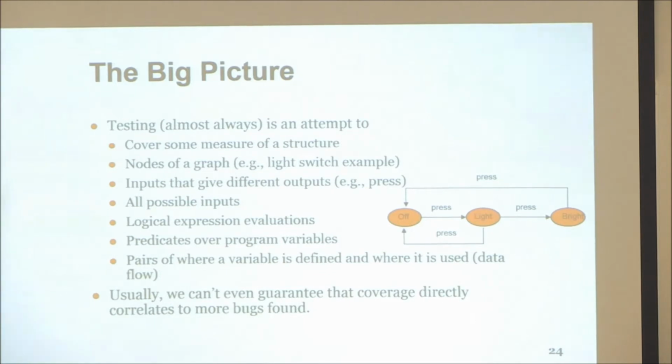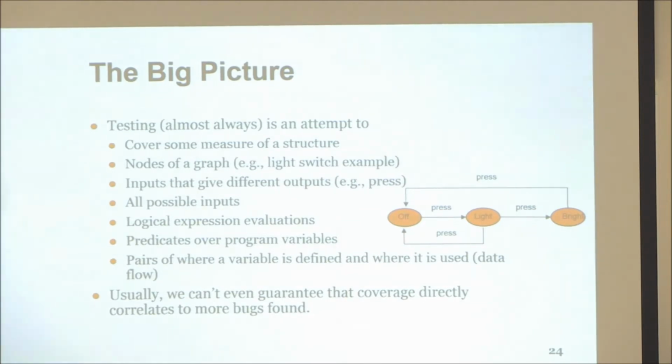You can actually go for all possible inputs, but that will not help you that much, because generating all possible inputs is undecidable. So if you solve that, that's quite impressive. Then you can look at covering the logical expressions in a model. And then you can look at the pairs of variables that are defined and used, and this is the definition-use coverage criteria.